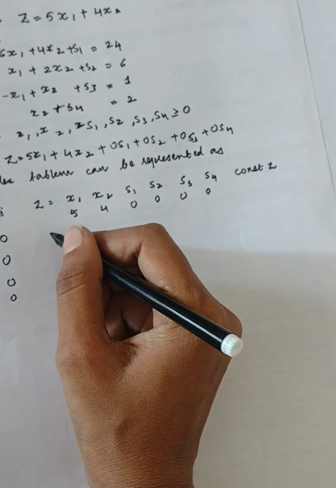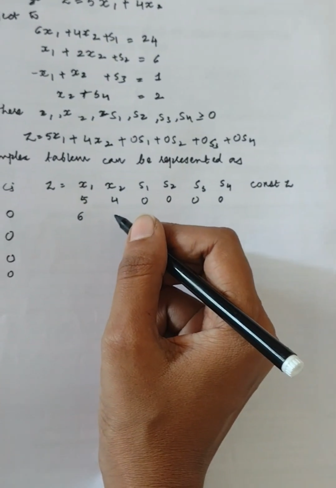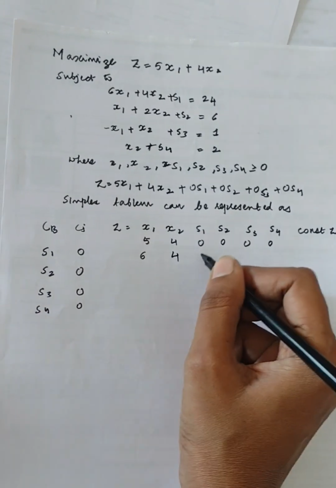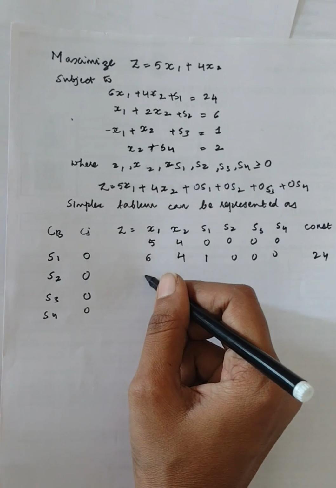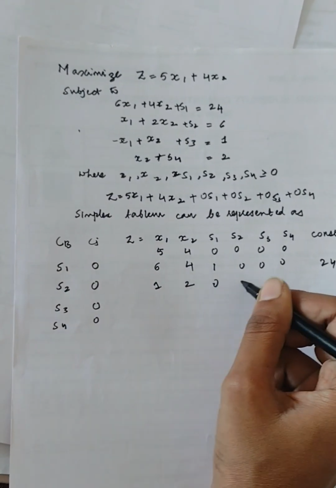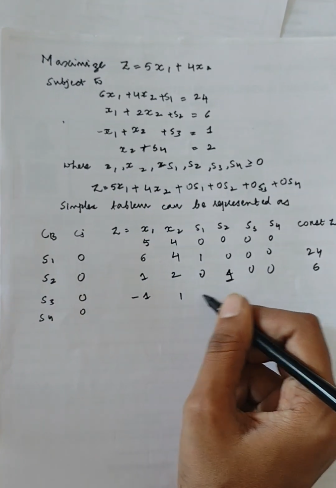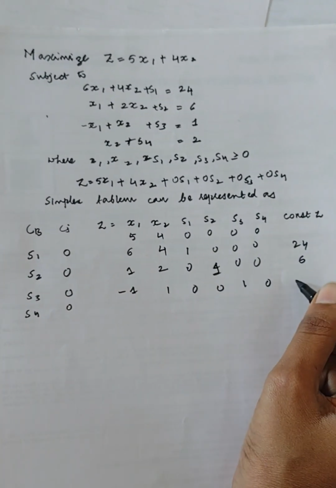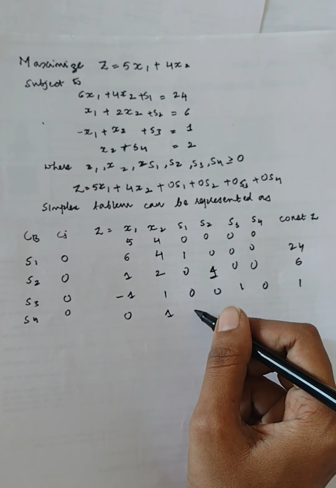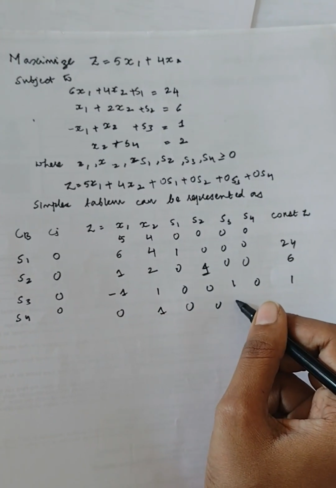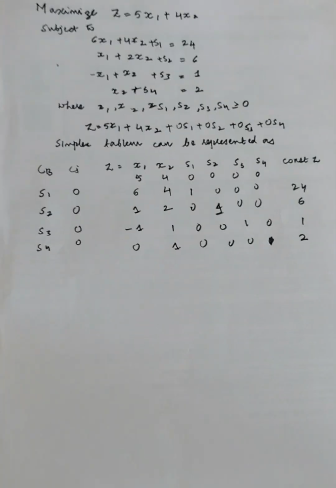The first constraint row is x1 coefficient 6, x2 coefficient 4, s1 is 1, 0, 0, 0, and the constant is 24. The second row is 1, 2, 0, 1, 0, 0, and 6. The third row is minus 1, 1, 0, 0, 1, 0, and 1. The fourth row is 0, 1, 0, 0, 0, 1, and 2.